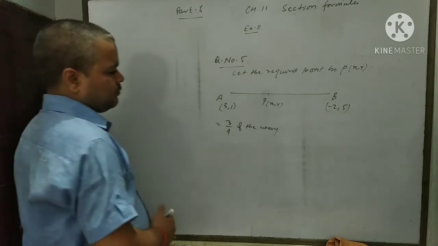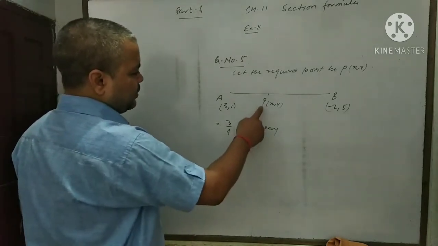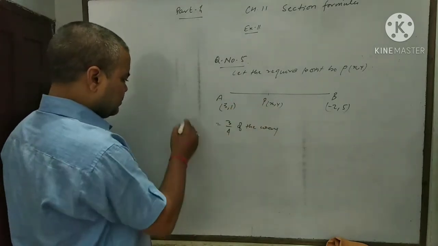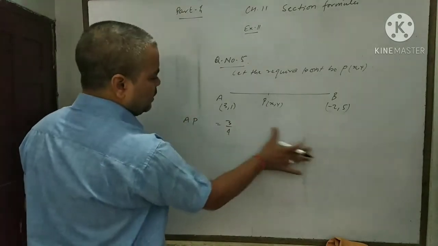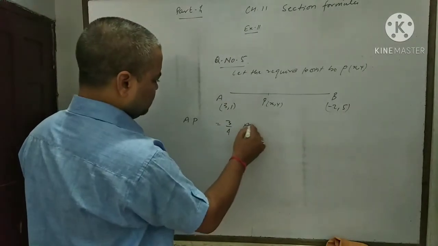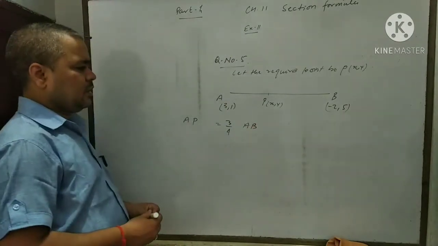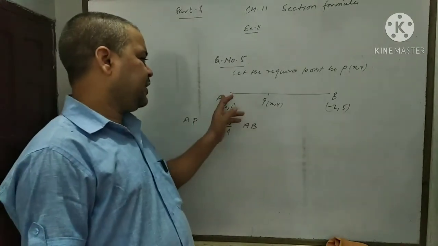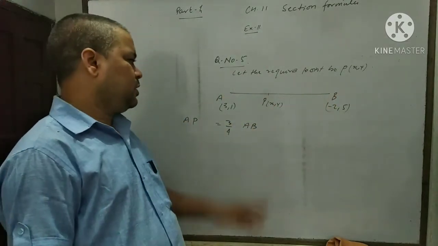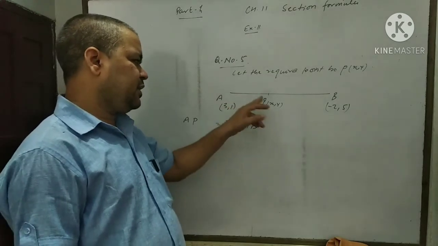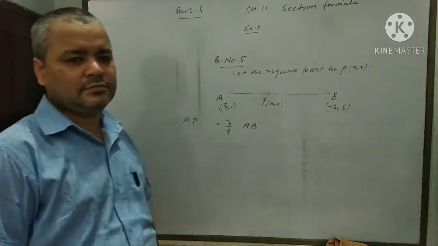It means the point P which divides AB, AP is equal to 3/4 of the way. Way means what? AB. It means AP and AB is given, but we want the ratio between AP and PB.